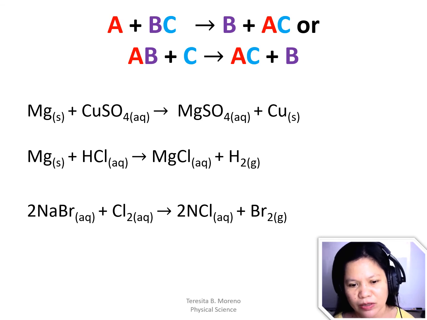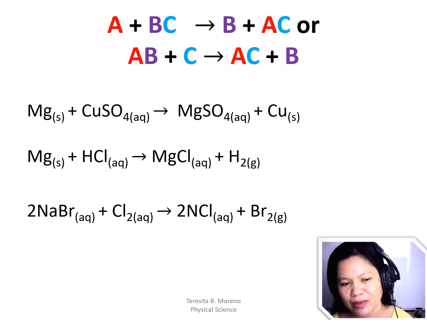Okay, based on the N is positive, N is negative 3, and chlorine is negative 1. So, saan po nakukuha yung 3? Galing po sa N. Kaya, we name that as nitrogen trichloride. Why? Because all of them are non-metals.